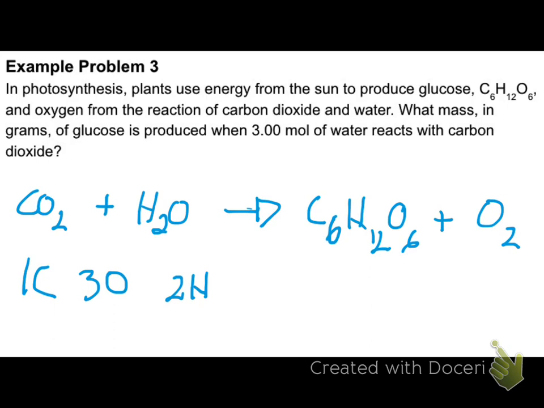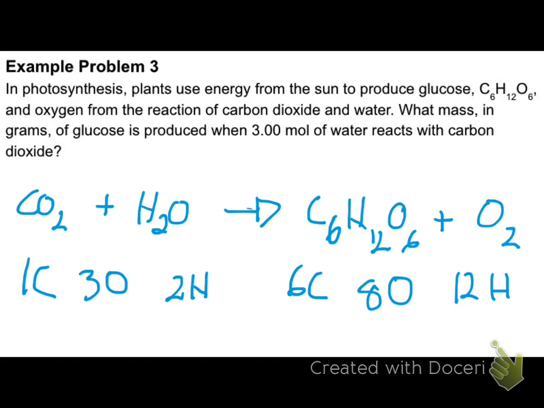On the second half of the equation, how many carbon atoms? How many oxygen atoms? 8. And hydrogen atoms? 12 hydrogen atoms.